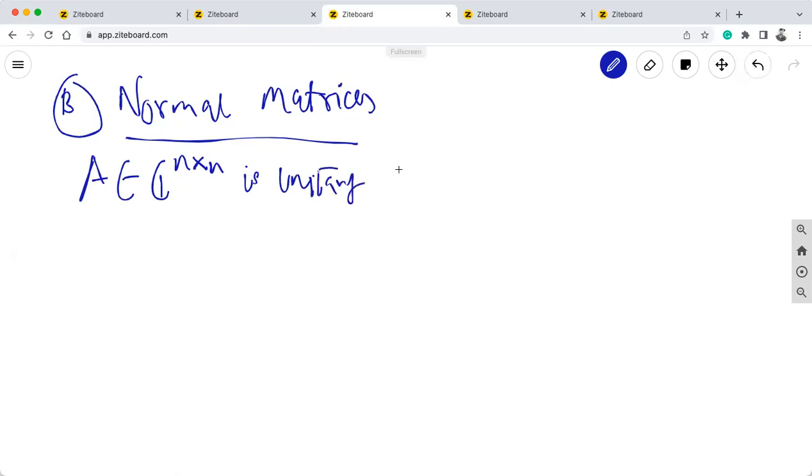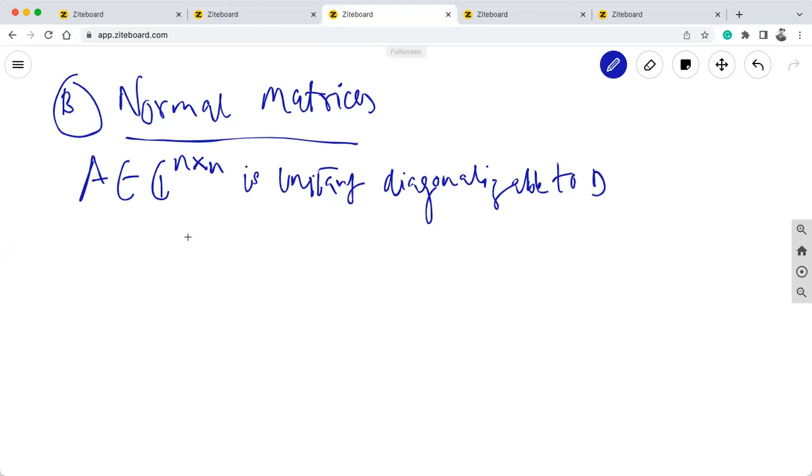How to diagonalize a matrix we'll discuss in some future lectures. For the time being, consider that this matrix is unitary diagonalizable to the diagonal matrix D. That means the A matrix will have a complete orthonormal set of eigenvectors.